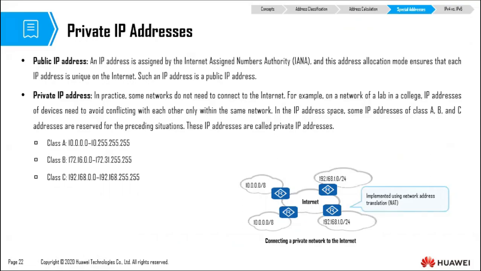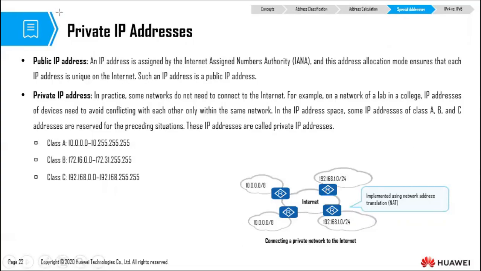In the WhatsApp group? Okay, let me check. I just wanted to know if the CIDR notation can also be used to determine the network address. Just hold on a little bit, Dennis. We are going to look into CIDR just now, classless inter-domain routing.